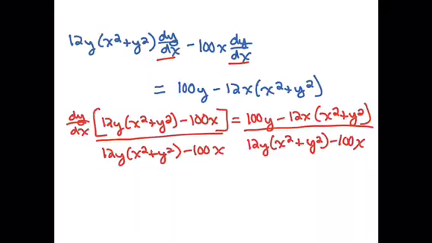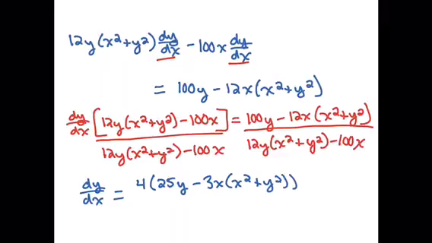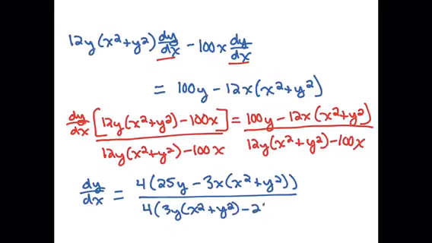And so I can write my dy/dx. If I factor out a 4 from both the numerator and the denominator, it will simplify it a little bit. And so those will go to 1.